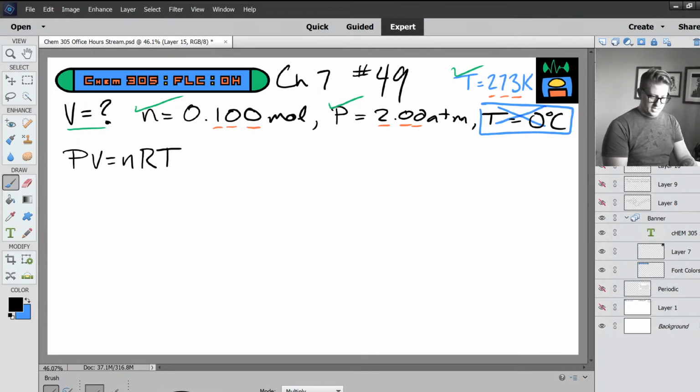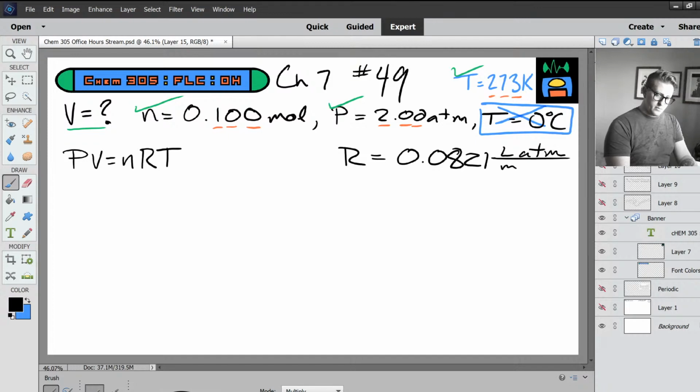Now, R, as we know, is 0.0821 liter atmospheres per mole Kelvin. So we need to isolate volume on one side of this equation. We can do that by dividing both sides by pressure. So we get volume is equal to nRT over P.